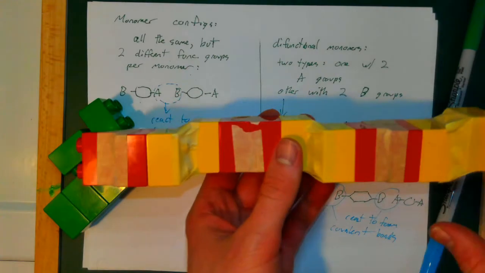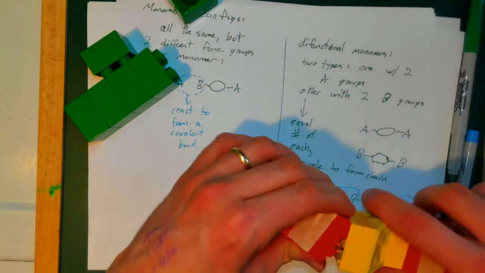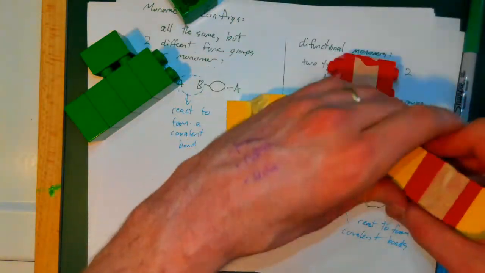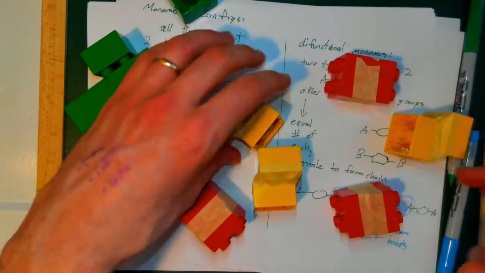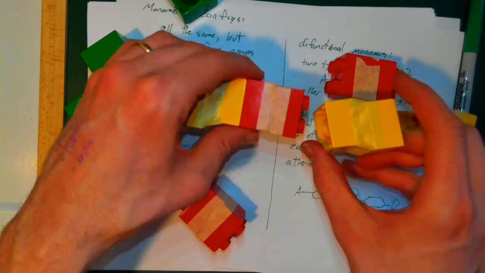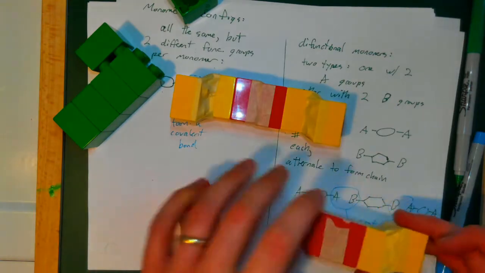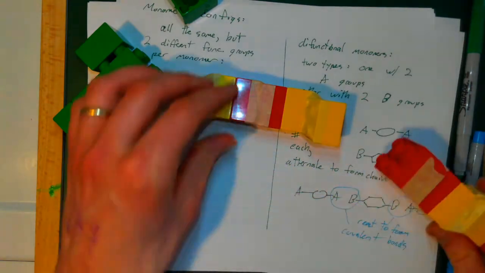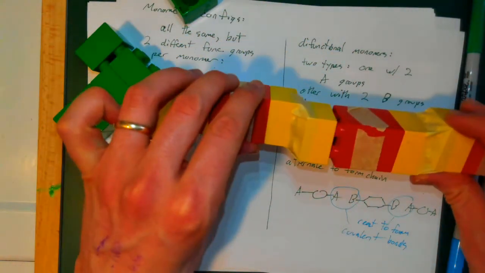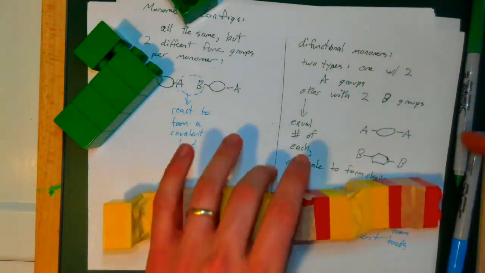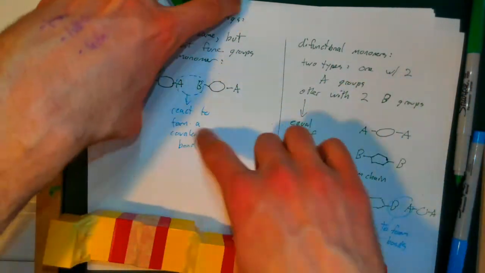And these can grow in a step growth way, similar to these ones as well. This little chain grows by itself, this little chain grows by itself, and then these partially formed chains react with one another to form much longer chains. That can happen with this process as well as this process.